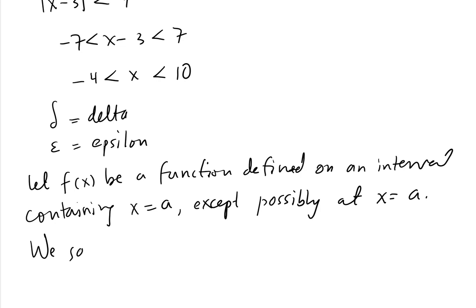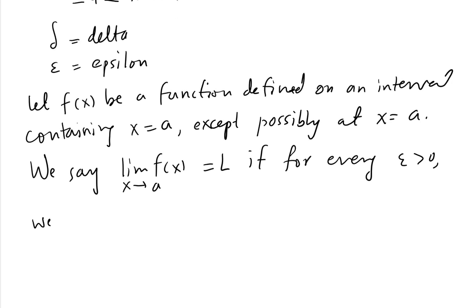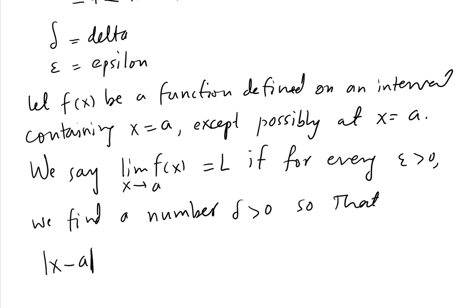We say the limit of f of x as x approaches a equals L if for every epsilon bigger than 0 we find a number delta bigger than 0 so that the absolute value of x minus a less than delta implies, this symbol means implies, the absolute value of f of x minus L is less than epsilon.